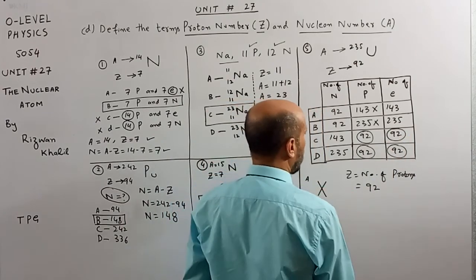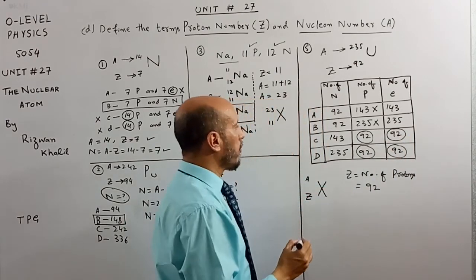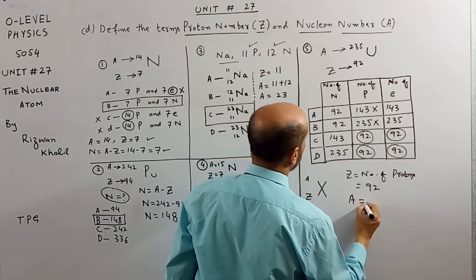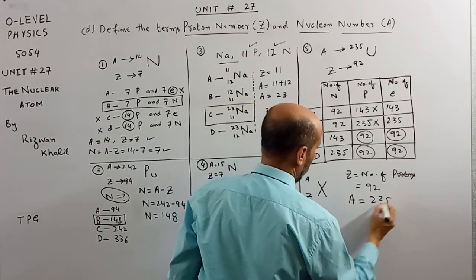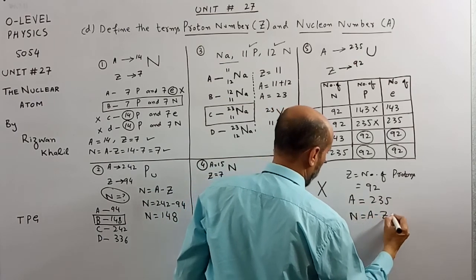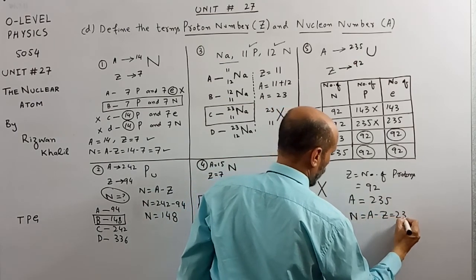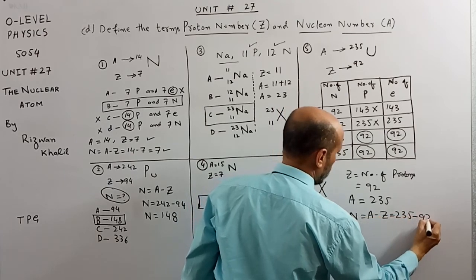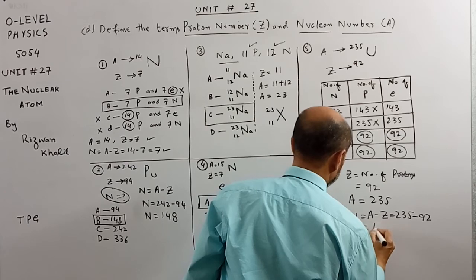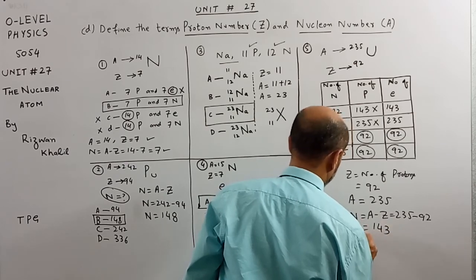Now we have to find the number of neutrons. The value of A is 235. The number of neutrons is A minus Z, 235 minus 92, which is equal to 143.